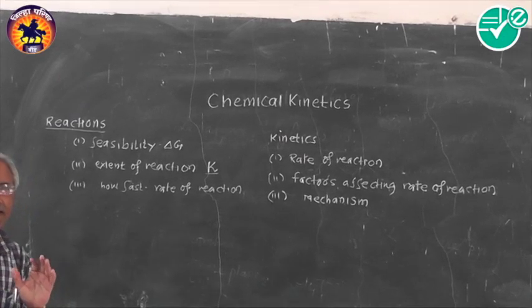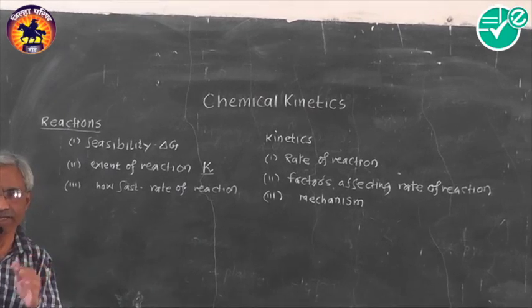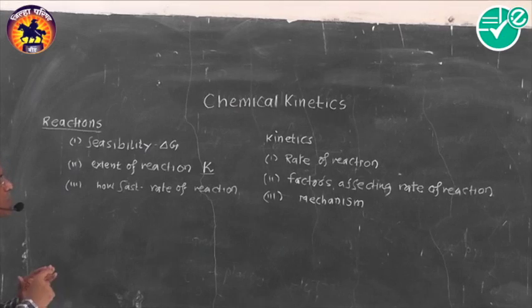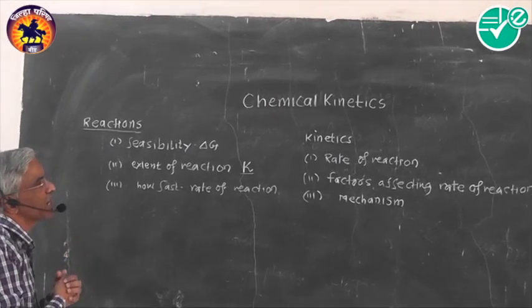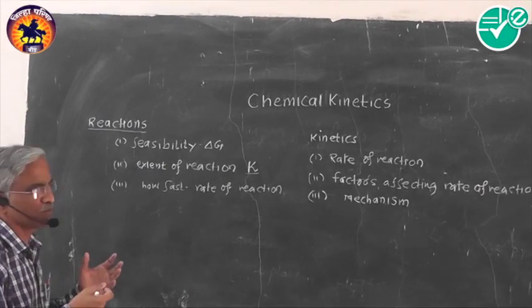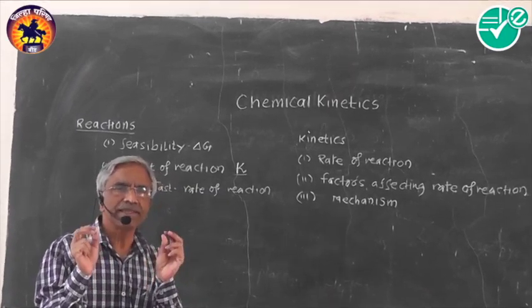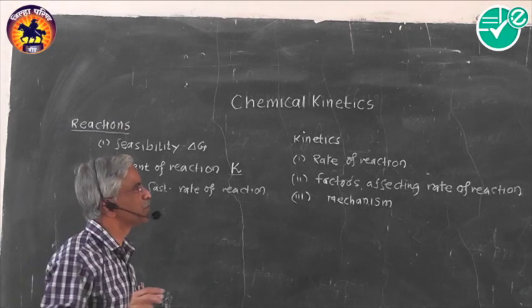So reactions can have different speeds: very slow, moderate and very fast. Very fast ionic reactions we are not going to study under this topic, and very slow reactions are also not studied under this topic. In this topic we are going to study the reactions which take place in a moderate time, whose speed can be measured.